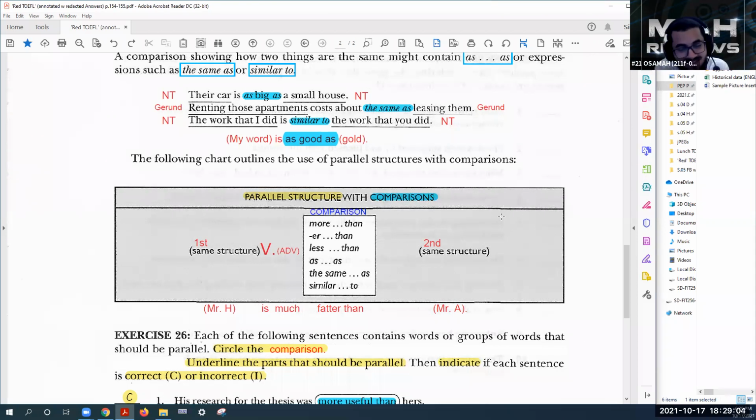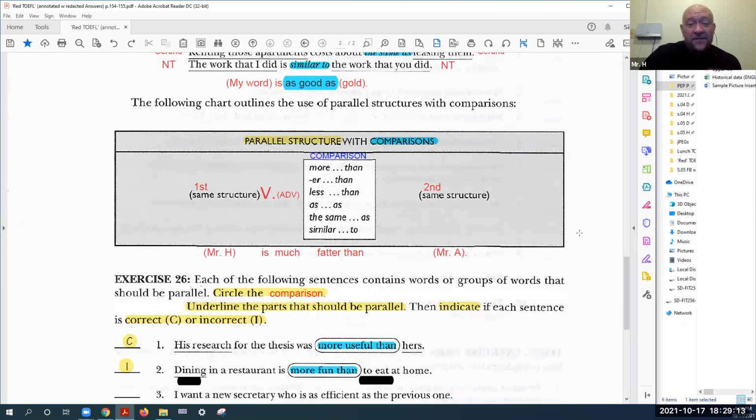There you go. Much fatter than Mr. A. It is true. Mr. A is very thin. Skinny. If Mr. A and Mr. H go to the Rabba Khali and we have no food, I will survive longer than Mr. A. Yes, he will die very quickly because he's so thin. I can survive because I have a lot of fat.